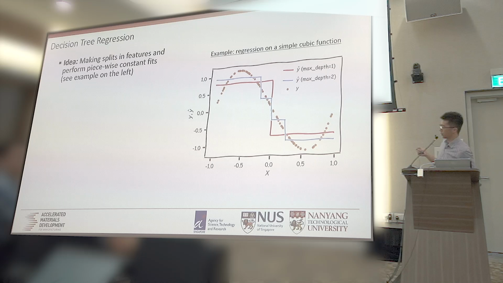So what decision tree regression does is the following. First, look at this orange one, where max depth equals 1. We make a decision on this x space to split the data into two parts. We split at 0. To the left, we assign just one value, about 0.8 or so.